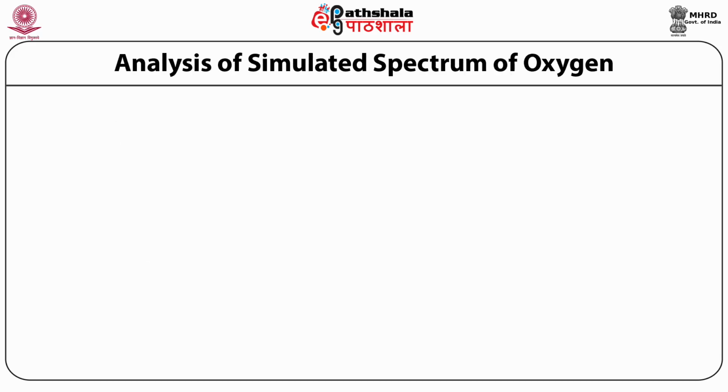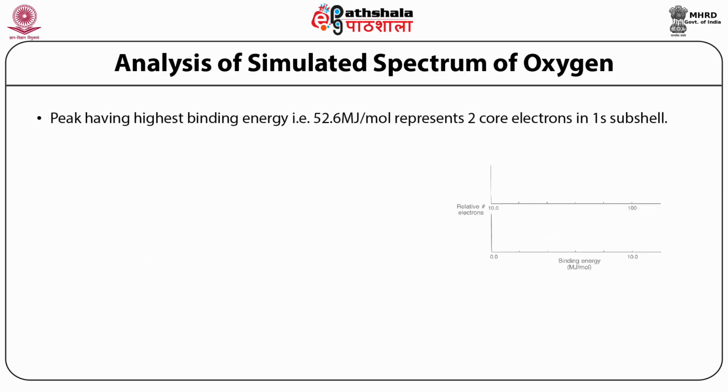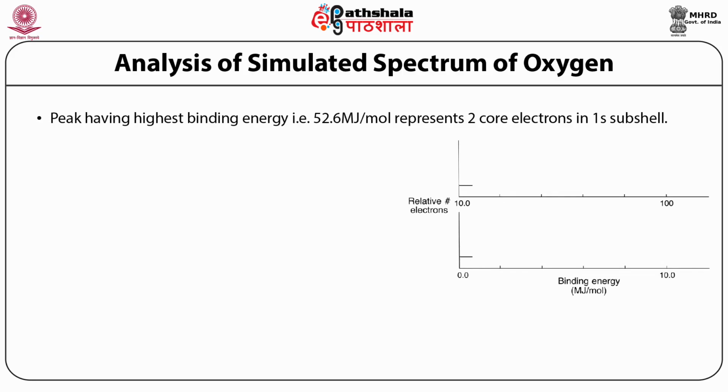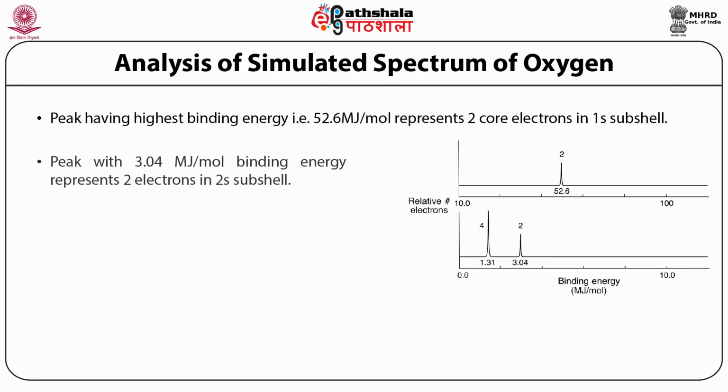We'll further explain this. The peak having highest binding energy, that is 52.6 mJ per mole, represents two core electrons in the 1s subshell. The peak with 3.04 mJ per mole binding energy represents two electrons in the 2s subshell.